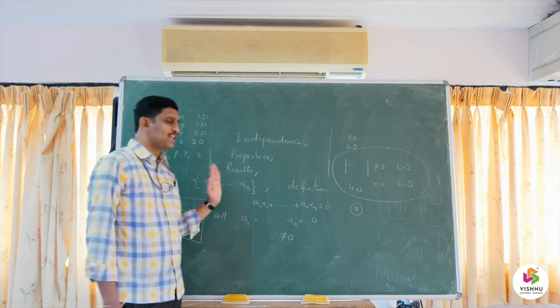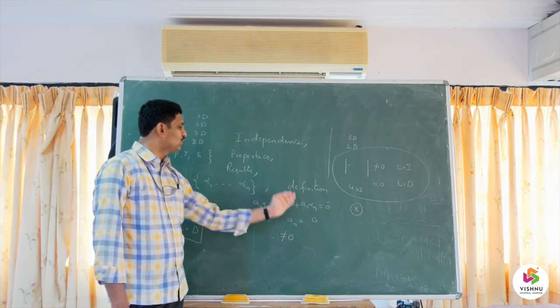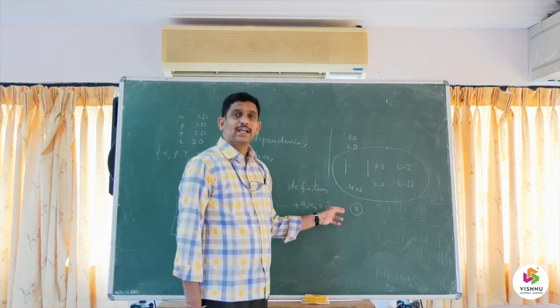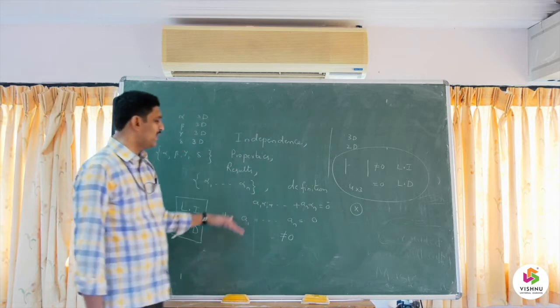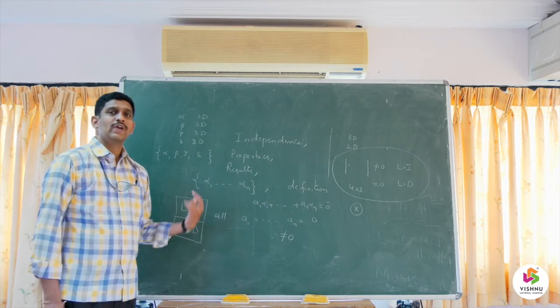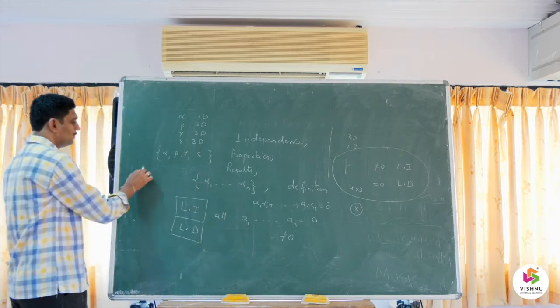So, the traditional approach is always to consider the linear combination, make it equal to 0, and then determine the values of the scalars. And for the determination also, we have discussed 2 methods.